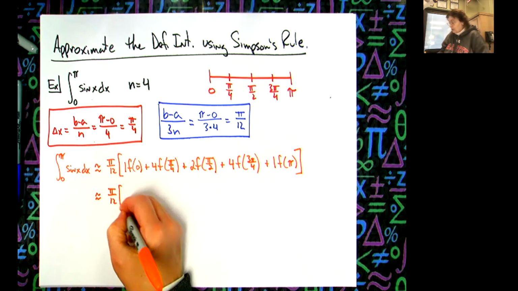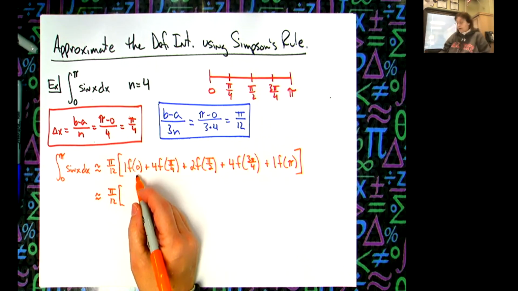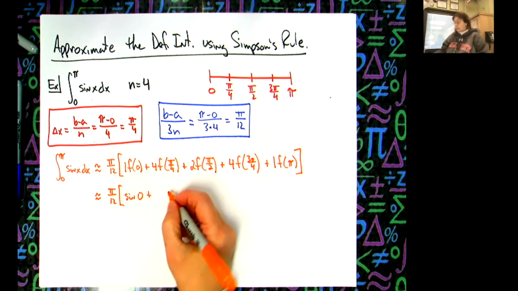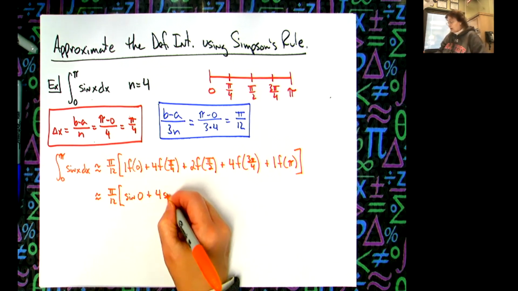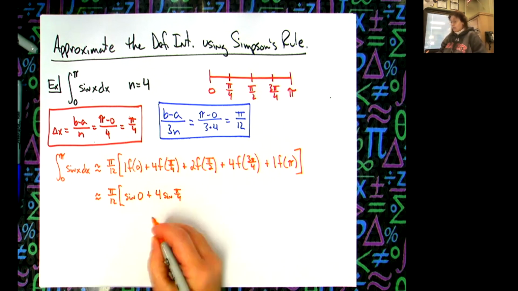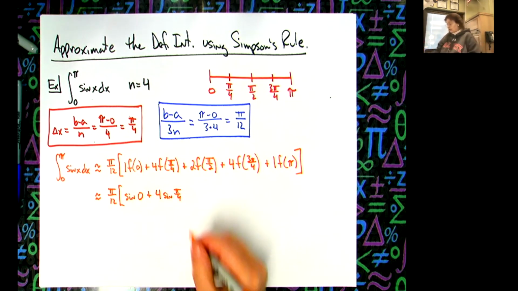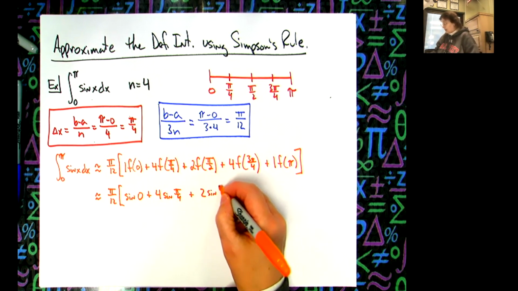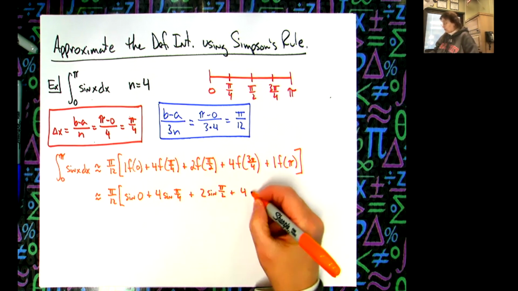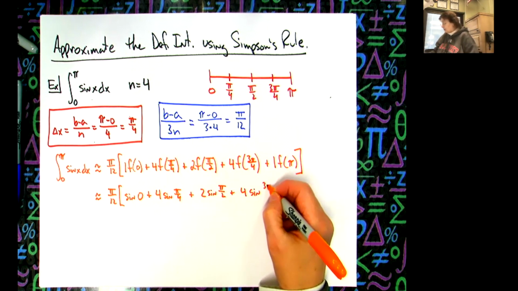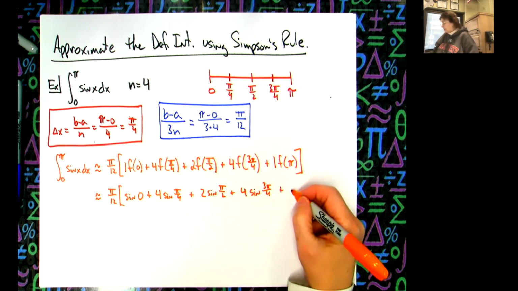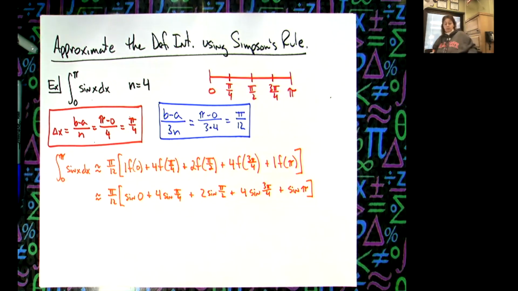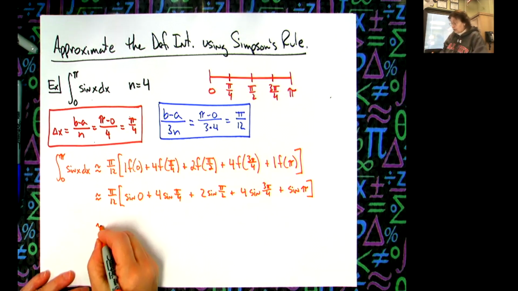If I plug in, I'm going to have 1 times the sine of 0, plus 4 times the sine of pi over 4, plus 2 times the sine of pi over 2, plus 4 times the sine of 3 pi over 4, plus 1 times the sine of pi. So you're pretty much just using the straight unit circle here.